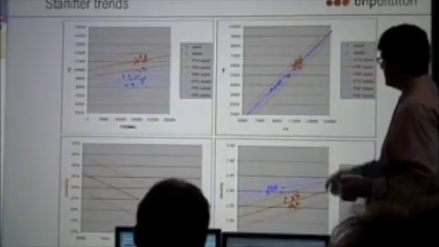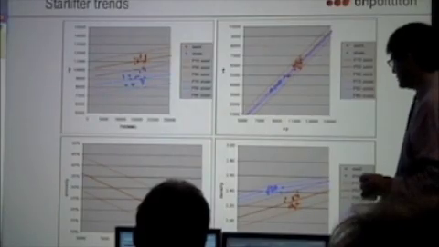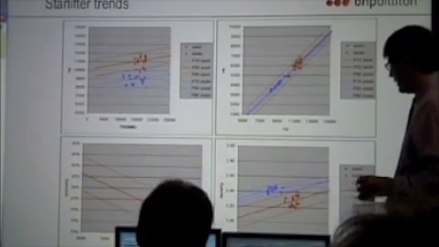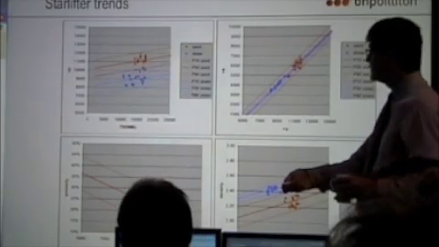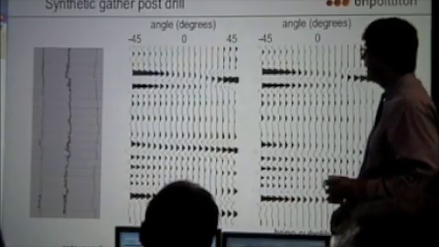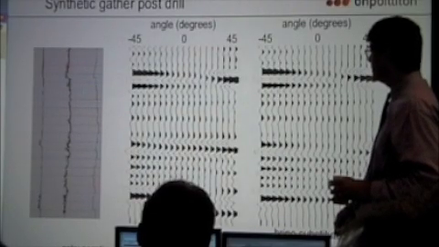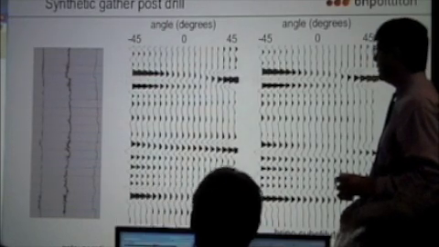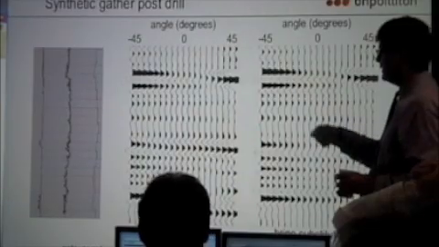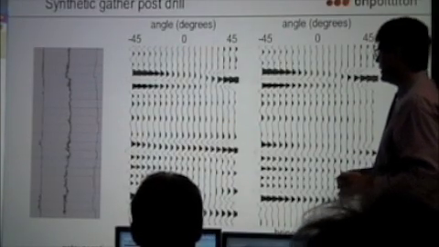There is a very good VP-VS relationship here at Starlifter, and also fairly good VP density or VP porosity relationships. And we form the synthetics of that well log so that we can match to what happens.